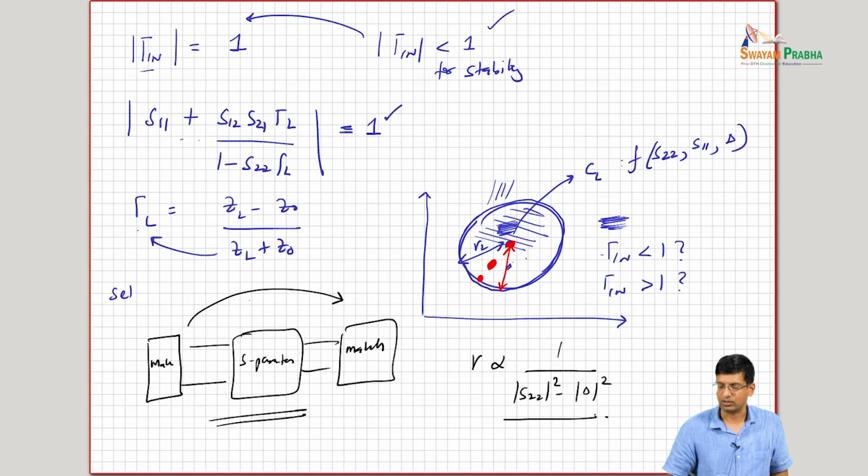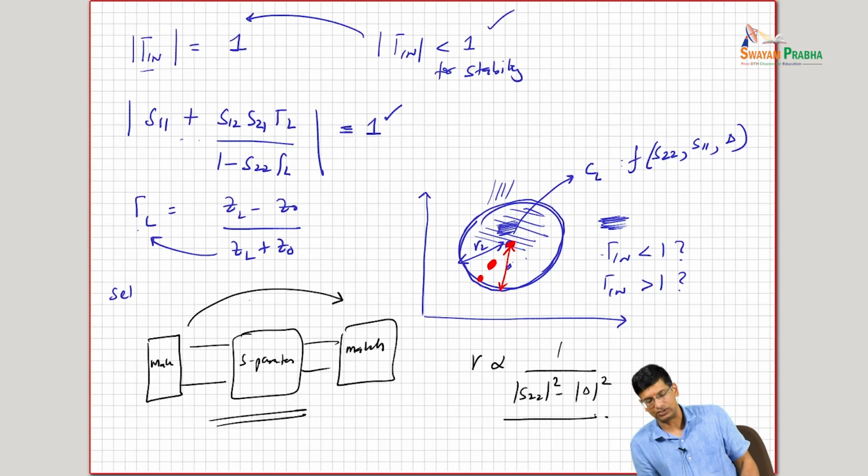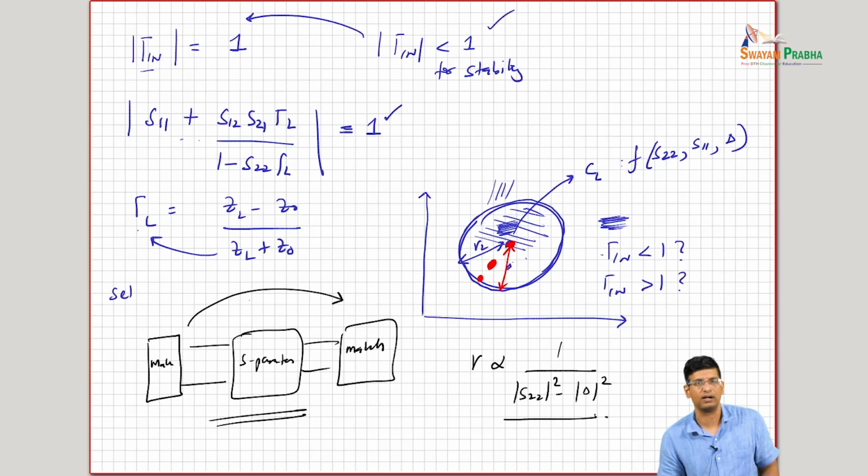So if you basically have a situation where this is a large number, then you can design provided the inner region is stable. If it turns out that the outer region is stable, then you need the radius to be actually small.